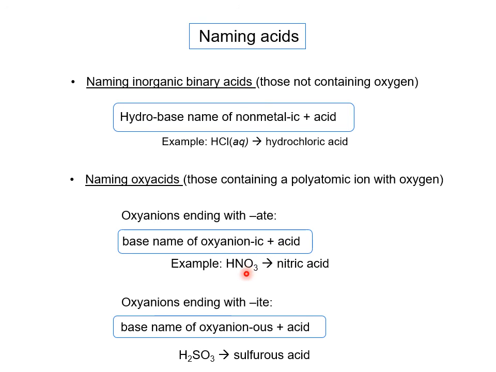So this would be named, it's a nitrate, so we'd say nitric acid. Notice that for the oxyacids, we do not use hydro as a prefix.